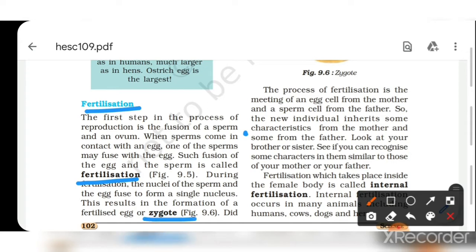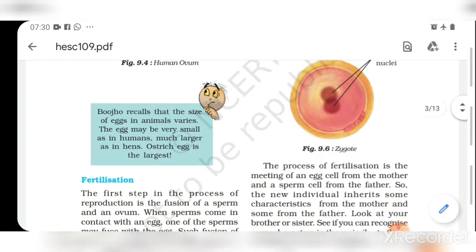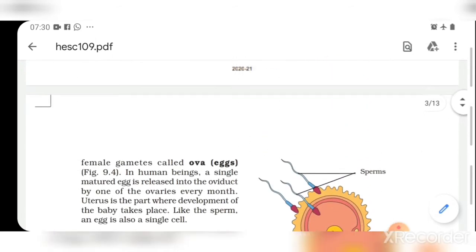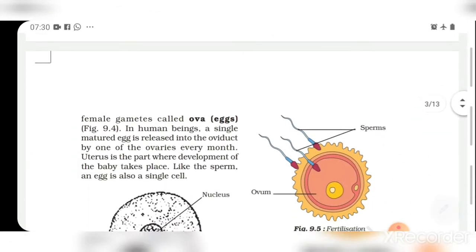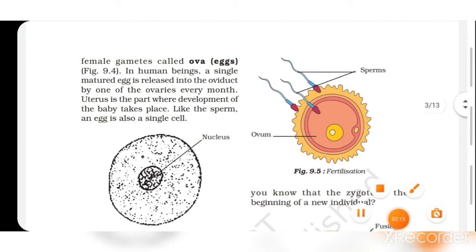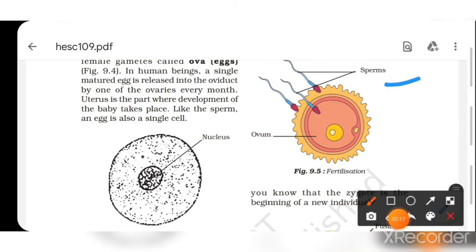The fertilized egg, formed by the fusion of sperm and ovum, what is it called? It is called the zygote. Zygote is the fertilized egg. Now we have to see here: it is the sperm, and it is the ovum, and then it is a fertilized egg.